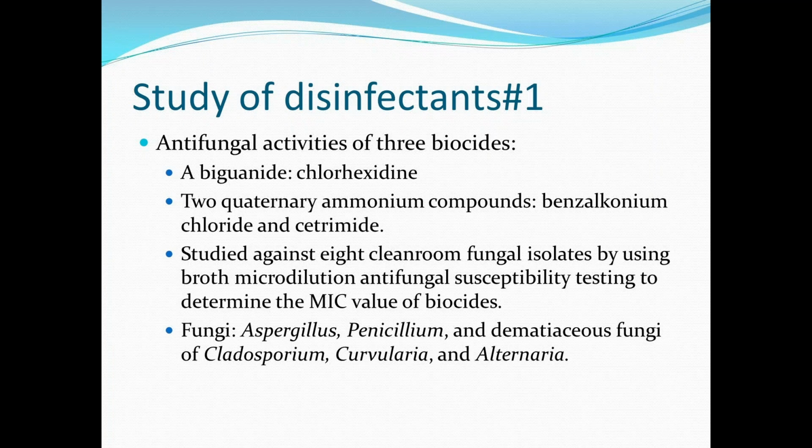These were cationic salts of organically substituted ammonium compounds. This looked at a range of clean room fungal isolates using a microdilution method. The fungi challenged were Aspergillus, Penicillium, Cladosporium, Curvularia, and Alternaria.